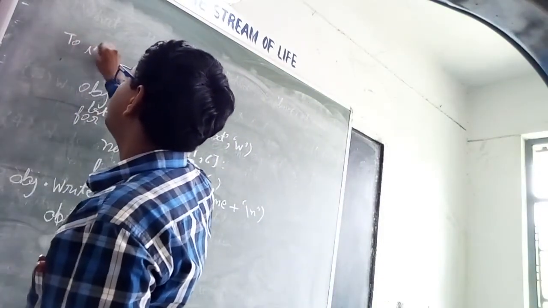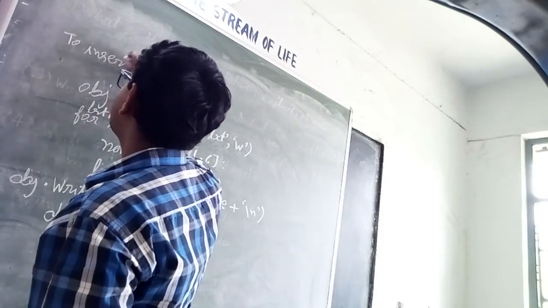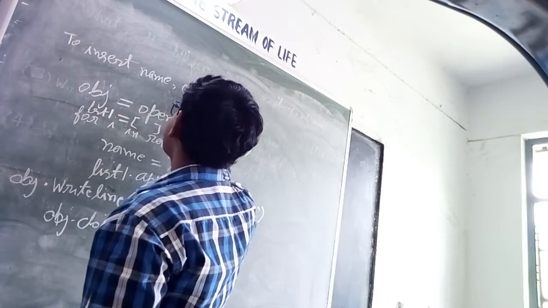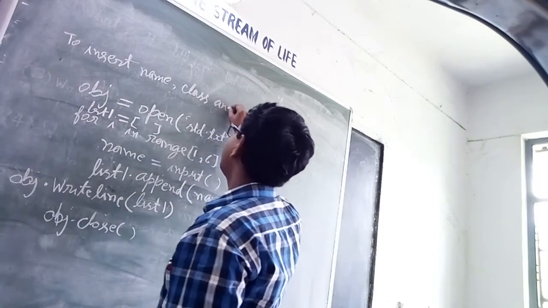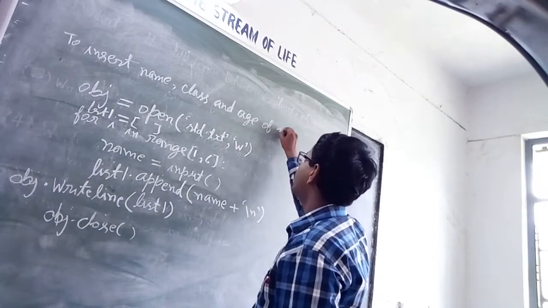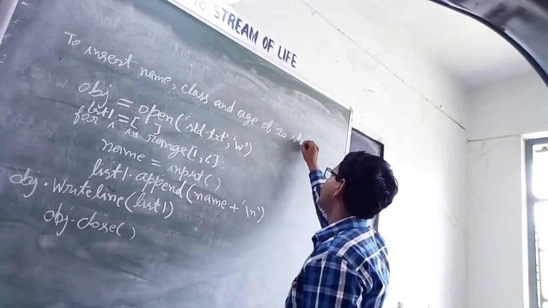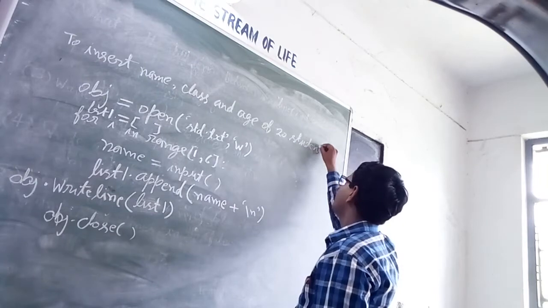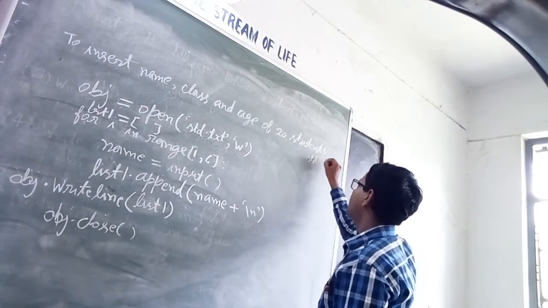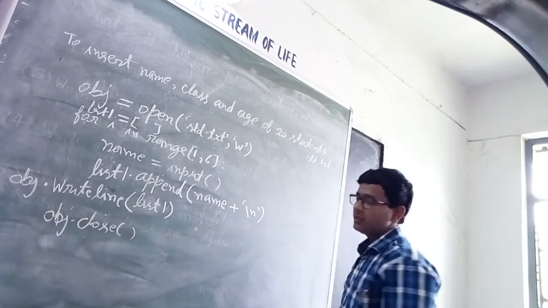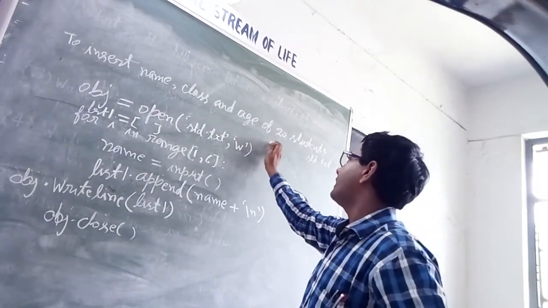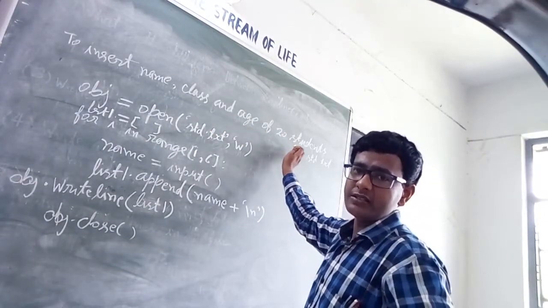To insert name, class and age of 20 students. In which file? std.txt. In the std.txt file we have to enter name, class and age. How many students? 20 students.